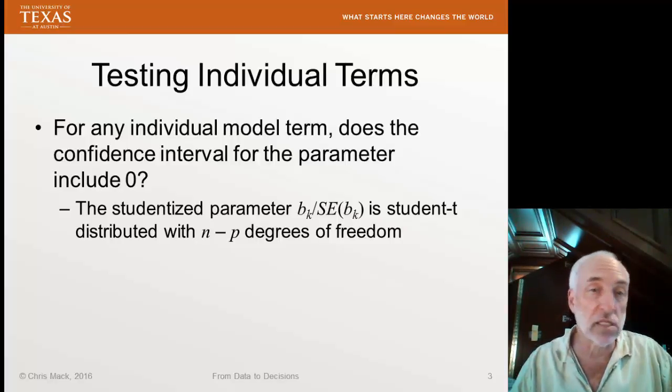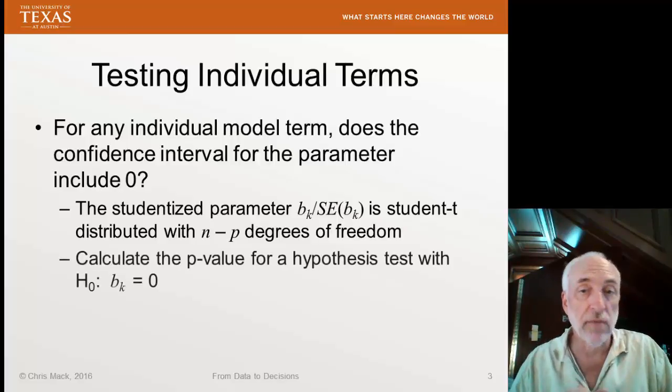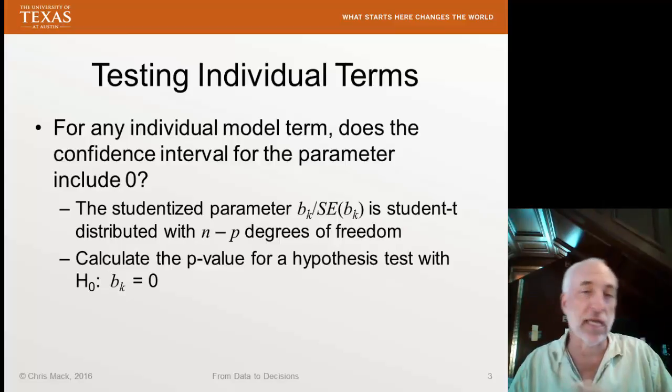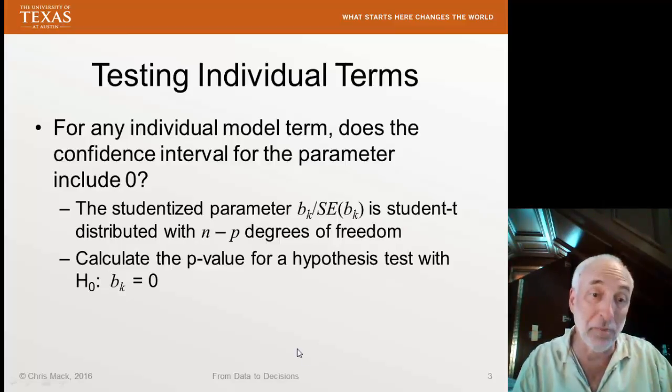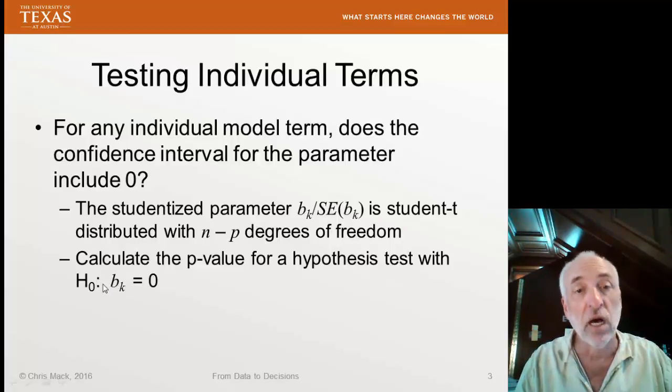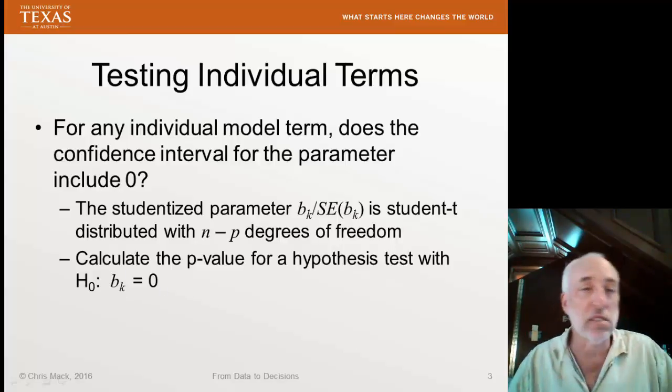So we can do a hypothesis test. We can say null hypothesis, the true value of that coefficient is 0, and then we'll calculate a p-value based on that. So I should have put beta here instead of little b. I'll change that in the notes, but beta k equals 0. That is, the true value of the coefficient is 0.